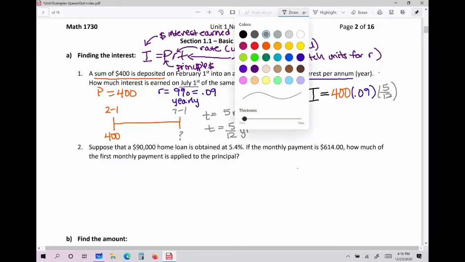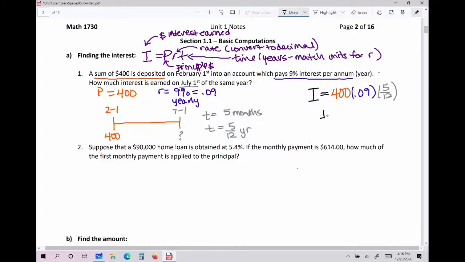When we plug this in, our final answer would be 15, and then we need to consider, 15 what? What are our units here? All of these are going to be story problems, so all of them require an answer with the proper units. Here our units would be money, because we're finding I. Usually we round to the nearest penny, so you can leave it as 15, or you can do 15.00, because nearest penny would be 2 decimal places. I just wanted to make sure we touch on that.